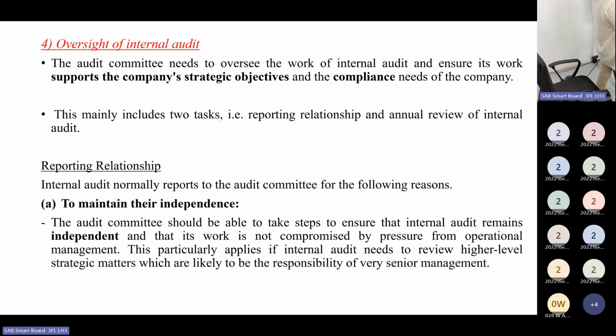To achieve the strategy there are processes, and the internal controls in those processes should all support this. Support the company's strategic objectives and the compliances. Every company has compliances, so internal audit needs to ensure that those compliances are being fulfilled through the controls we have.